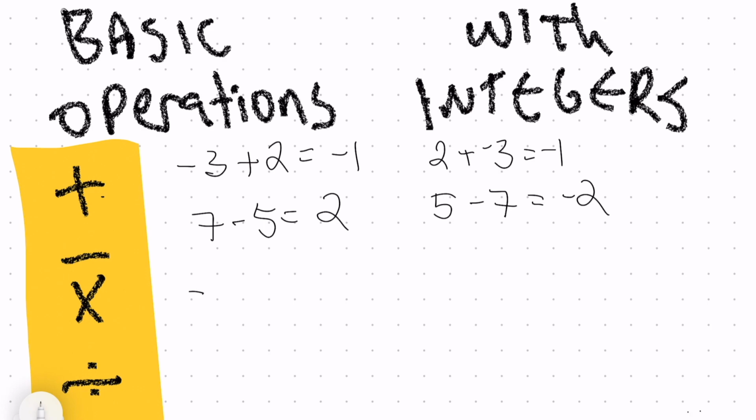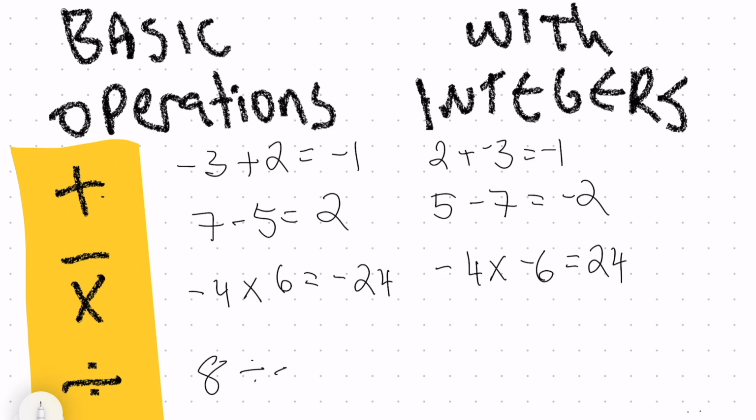Whereas with multiplication, a negative times a positive equals a negative, and a negative times a negative equals a positive. And these rules apply with division as well. So if we divide a positive by a negative number, we'll end up with a negative number. And likewise, if we have 2 negatives, so for example, negative 8 divided by negative 4, that will give us positive 2.